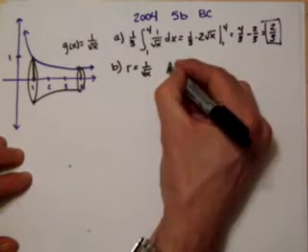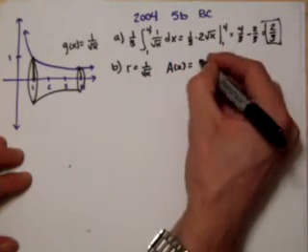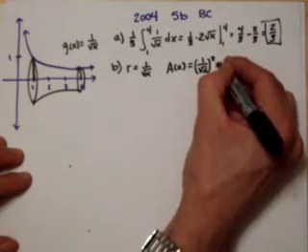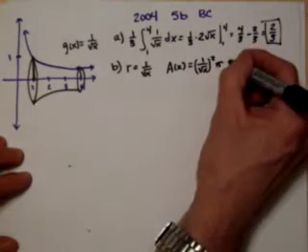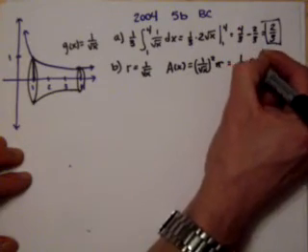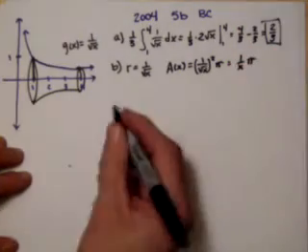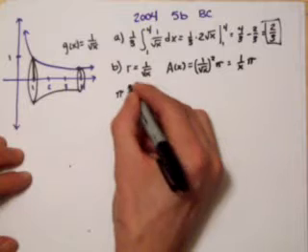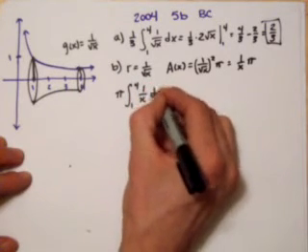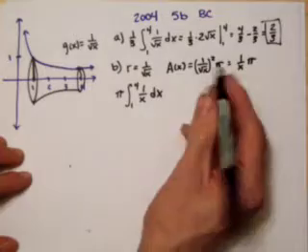So each cross section's area is going to be equal to 1 over root x squared times pi, which is 1 over x times pi. The volume then is going to be pi times the integral from 1 to 4 of 1 over x dx.